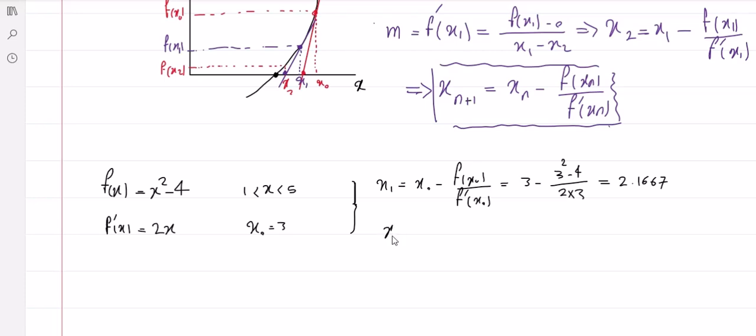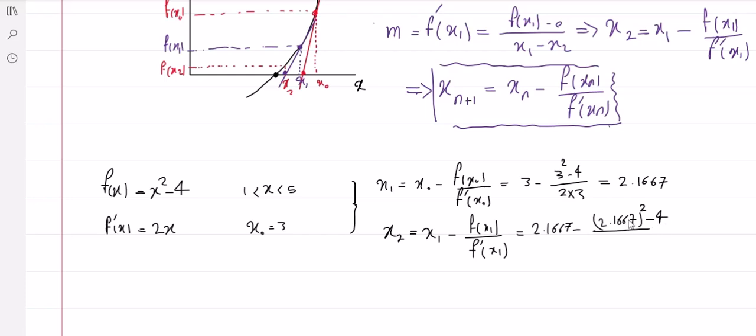After we got the x1 value, we need to repeat the process and move another step further. So now we want to calculate x2 based off the value of x1 that we already got. x2 would be equal to x1 minus f of x1 divided by f prime of x1, which would eventually give you 2.167 minus 2.167 to the power of 2 minus 4.